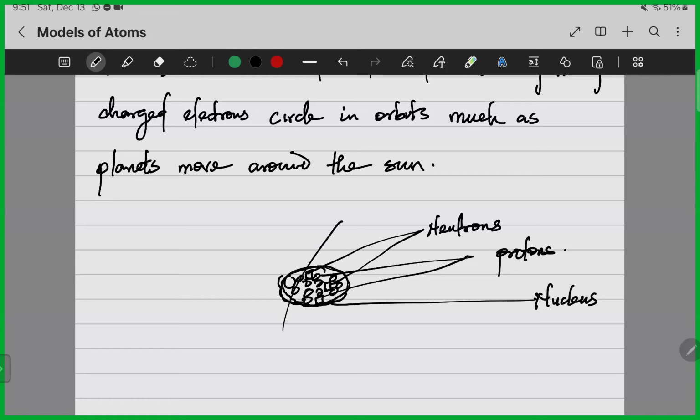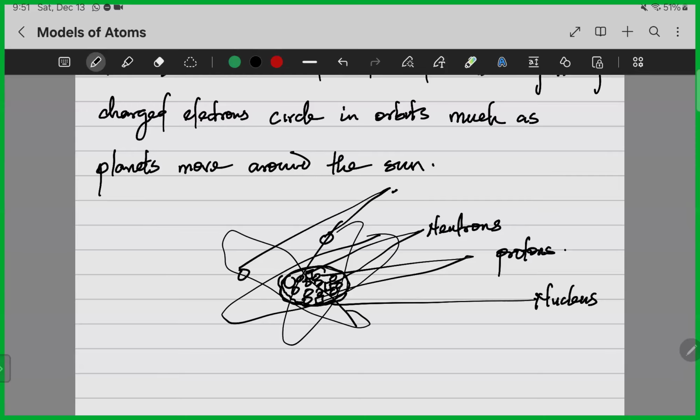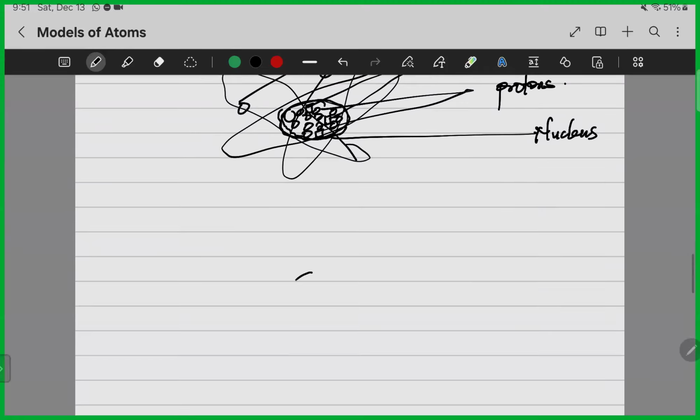While there are other circles around that, and on those circles, like orbits, we have electrons. So I'm going to repeat it. We have a nucleus containing protons and neutrons.